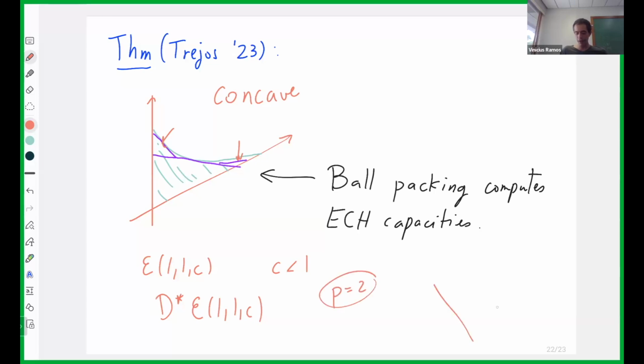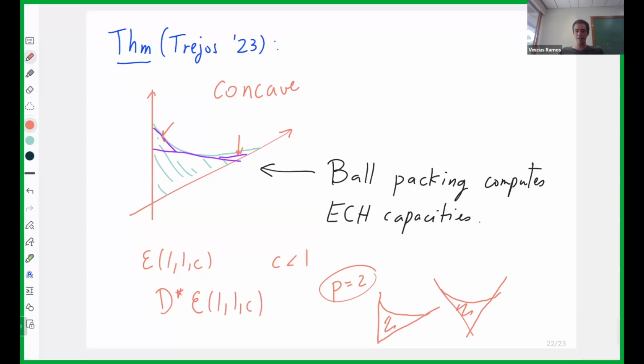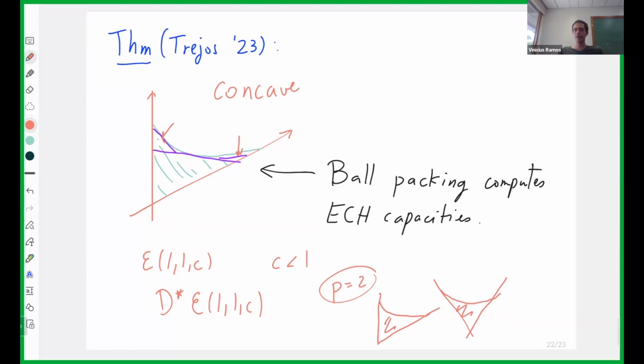I like to draw this case like this, but we could also draw a line like this by an affine equivalence. And then we can use ECH capacities to compute these. We can use the ball packing that Jonathan defined to compute the ECH capacities for this guy. So that's an answer to a question from before.